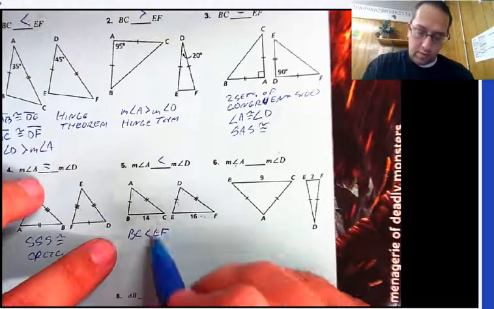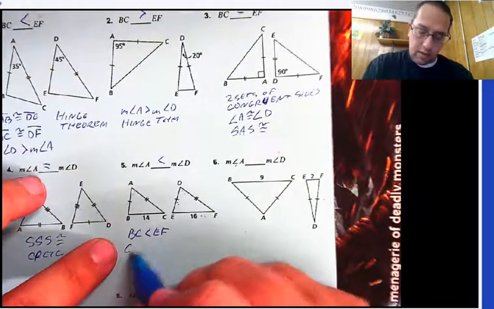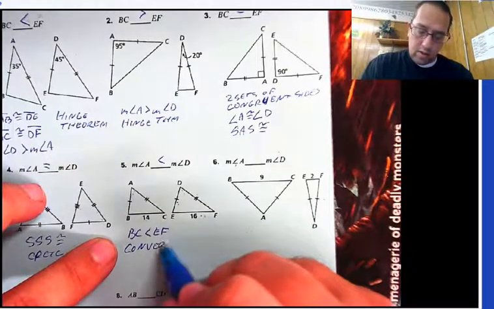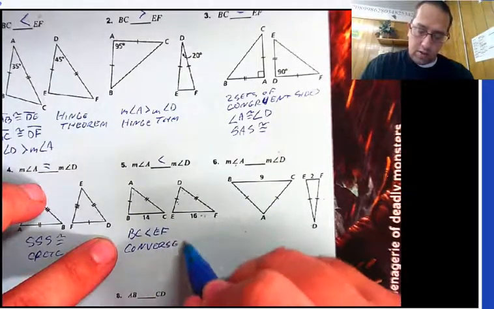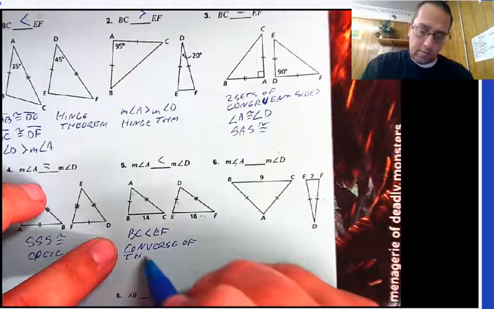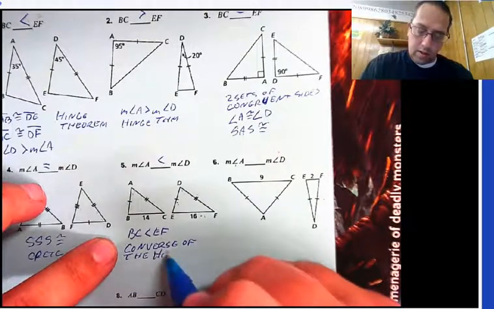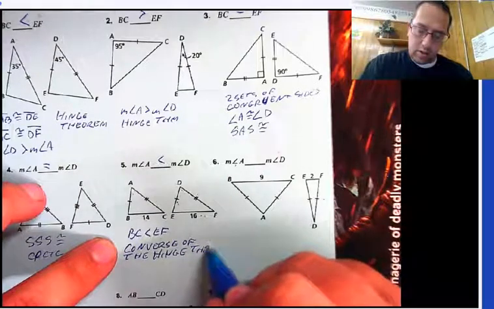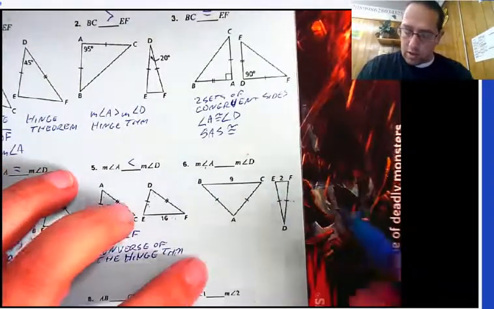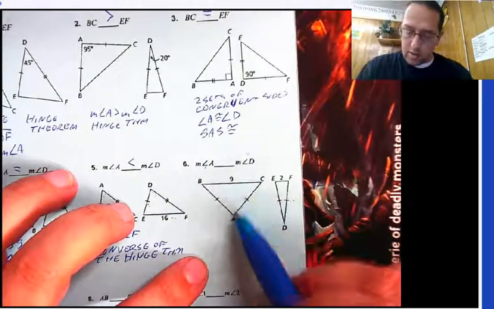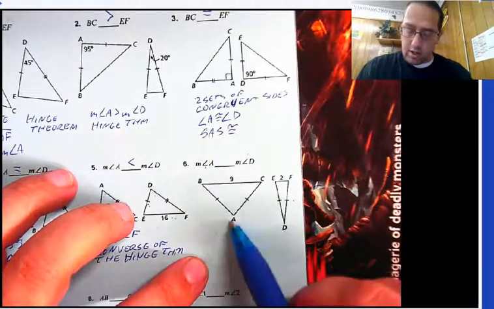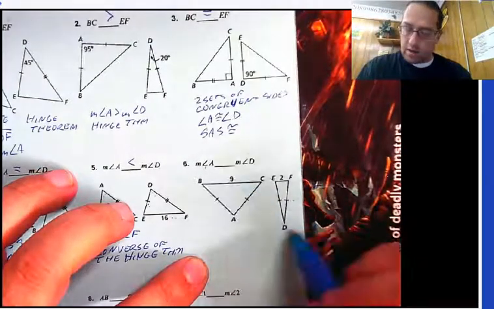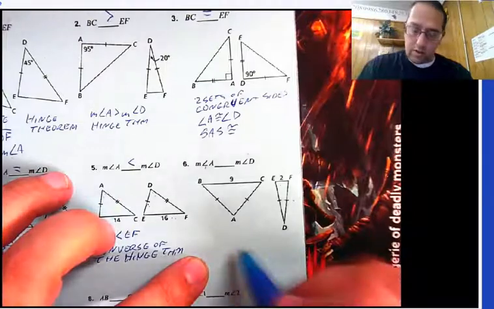Oh, I forgot to say which theorem this was. This is the converse of the Hinge theorem because we're going from the side to the angle. Converse of the Hinge theorem. Look across the triangle: opposite of angle A, we have 9 units there. Opposite of angle D, we have 2 units.